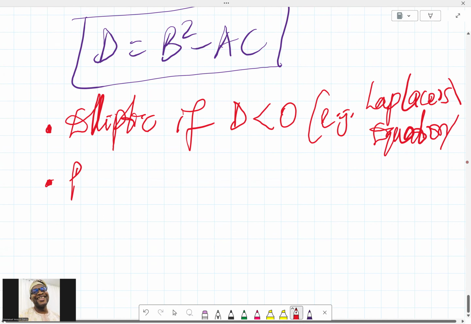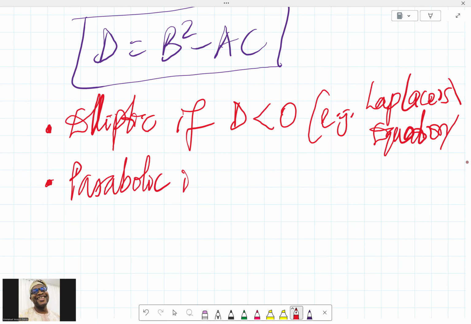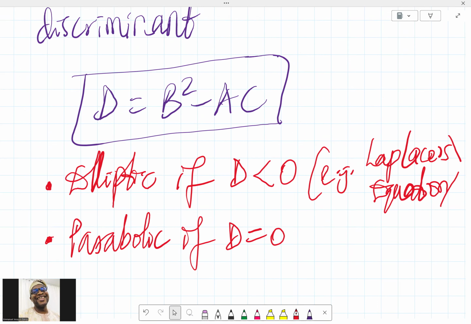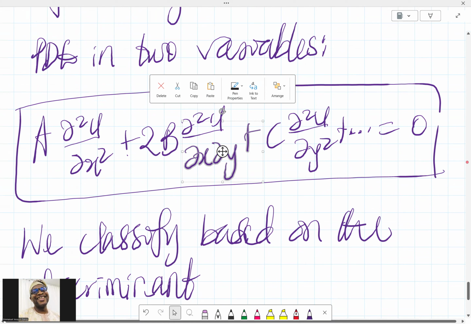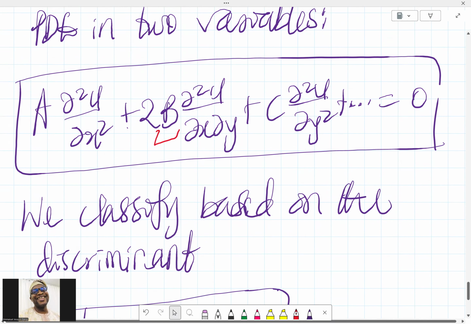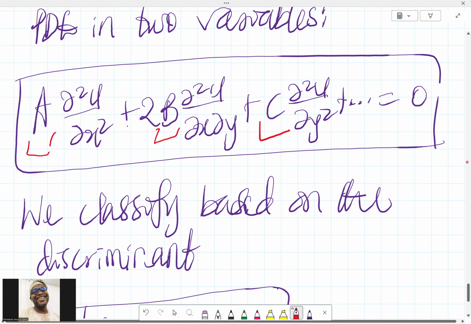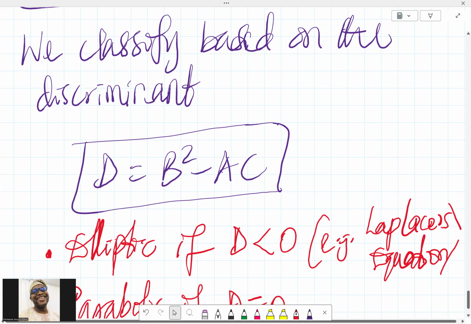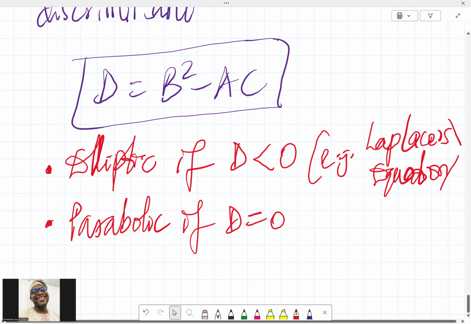Then we have the partial differential equation that is parabolic if D is equal to 0. If you evaluate this, take B from here, B squared minus A times C, and you get D: if D is less than 0, that's the Laplace equation, elliptic.